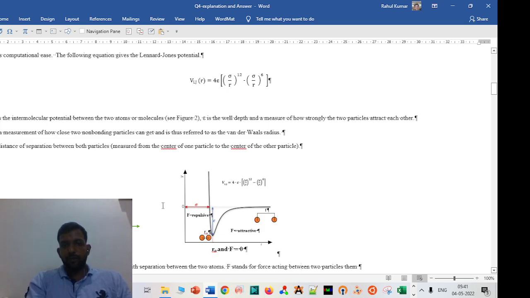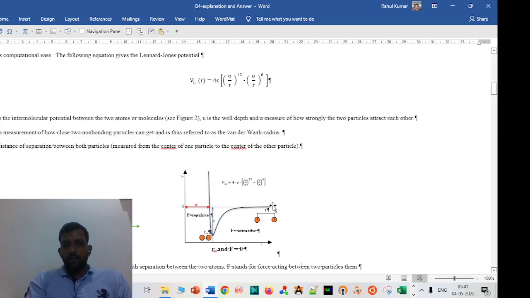If you look at it as potential V versus the distance between two particles, there will be no force of attraction because r is infinite. There is an infinite distance between two balls, so there will be no forces.